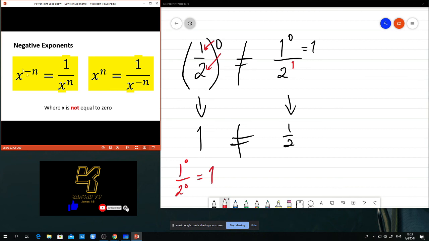If we have a negative exponent, just make it denominator to become positive. And if we have a fraction with negative denominator, just make it numerator to become positive. I will give some examples, where x is not equal to 0.